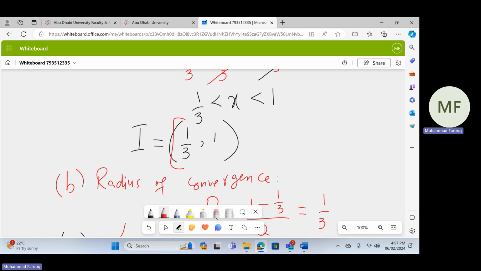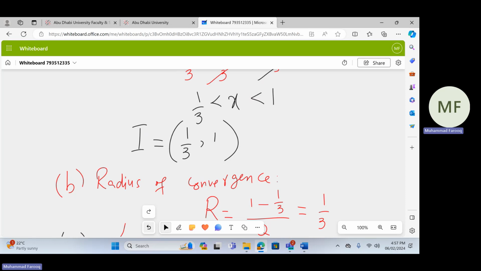Don't forget this point. The same thing goes for 1. When you check 1 and the calculation shows that at 1 the power series also converges, make it closed. If both do not converge, it remains open. Do you understand the logic? Okay.